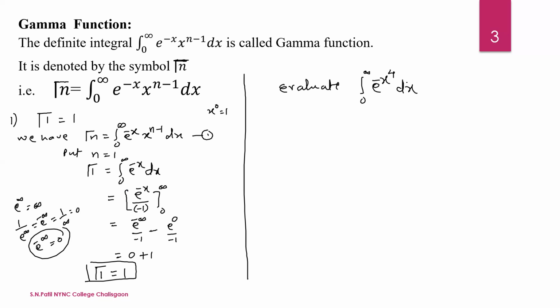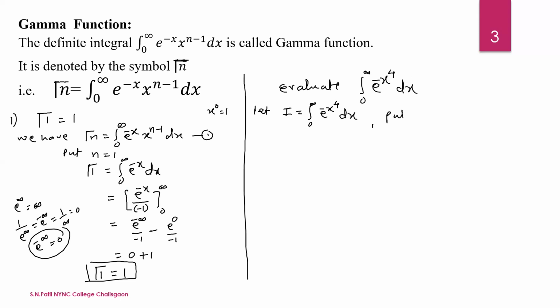Right now here the power of the variable is 4. To get a linear variable we use a substitution. Let I be equal to the integral from 0 to infinity of e to the power minus x to the power 4 dx.